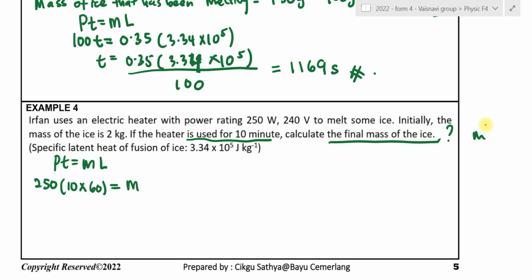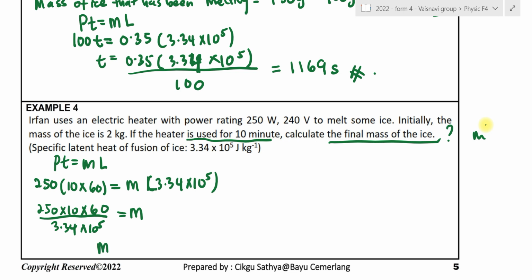Mass kita tak tahu. L dia adalah 3.34 times 10 to the power of 5. Jadi 250 times 10 times 60 divided by 3.34 times 10 to the power of 5 is equal to mass of ice melted. How much is that?